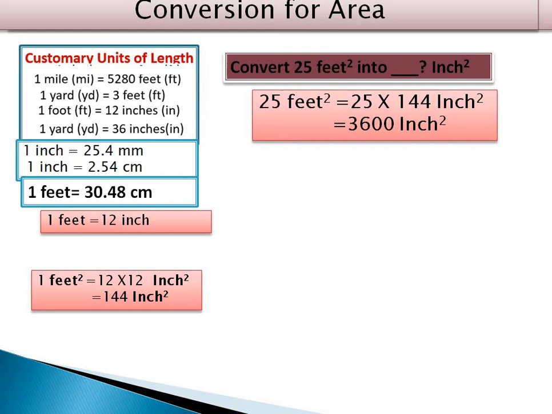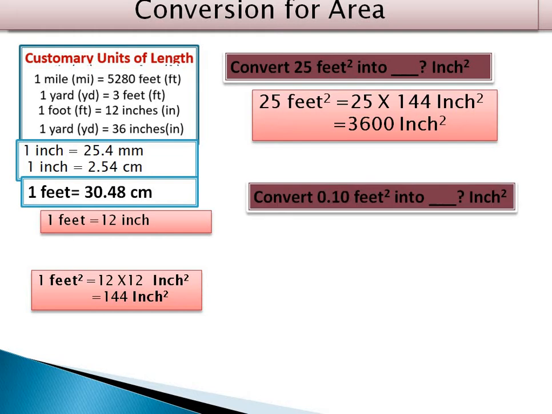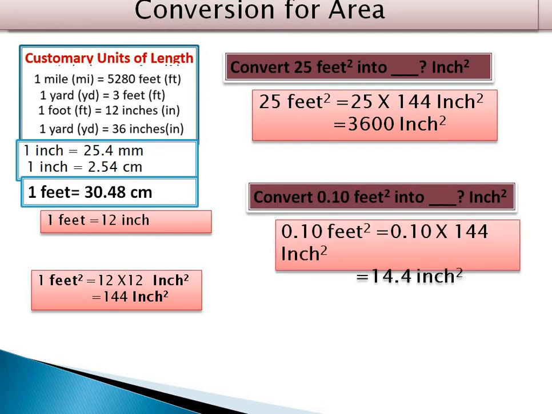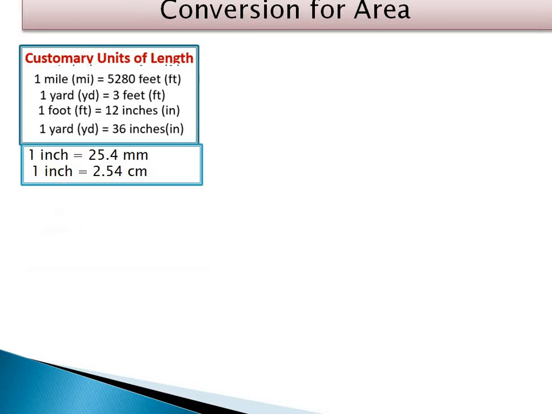So here 25 feet square is nothing but 25 into 144 inches square, which is equal to 3600 inches square. Okay. Similarly, conversion of 0.10 feet square into inches, we get 0.10 into 144 inches square, which is equal to 14.4 inches square. So this is the conversion of area from feet to inches.